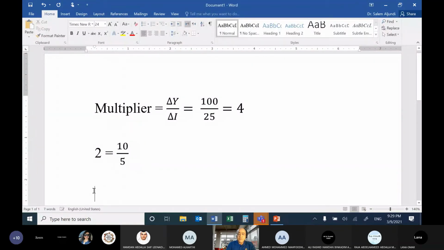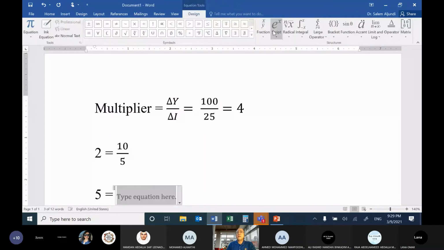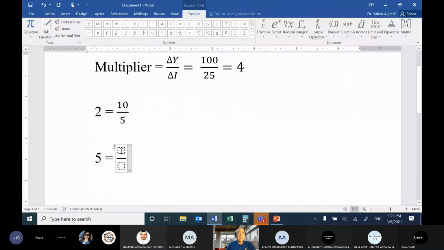So what is 5? If the 5 is missing, I can rearrange the equation again and rewrite it as follows. 10 stays the same, I will replace 2 for 5. So I will put 2 here. So this is marginal propensity to save.